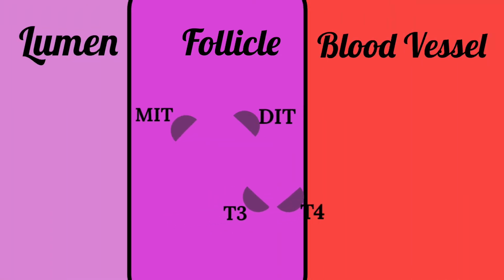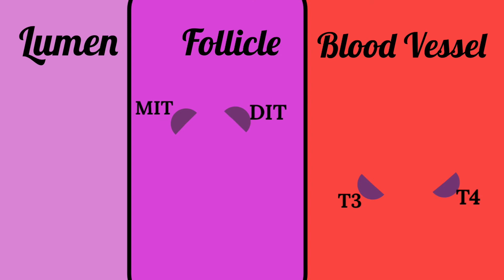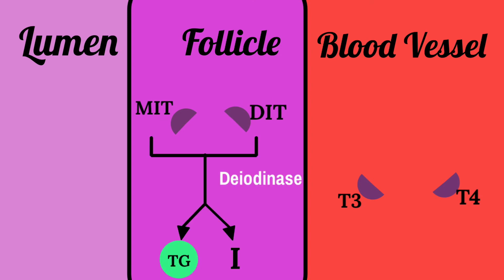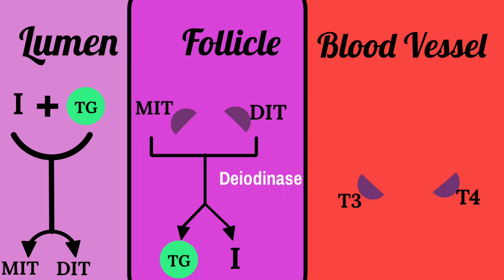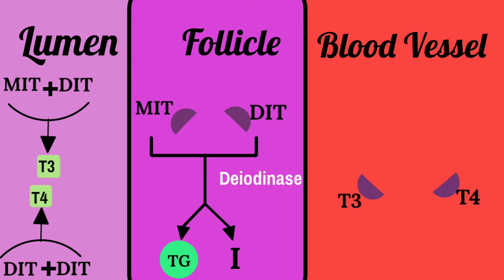The tri and tetraiodothyronine, T3 and T4, are released into the circulation, whereas mono and diiodothyronine are deiodinated by the enzyme deiodinase. The released iodide is again recycled to be utilized as a new source of iodine for the thyroid hormone to be synthesized again. This is basically how the thyroid hormone is synthesized.